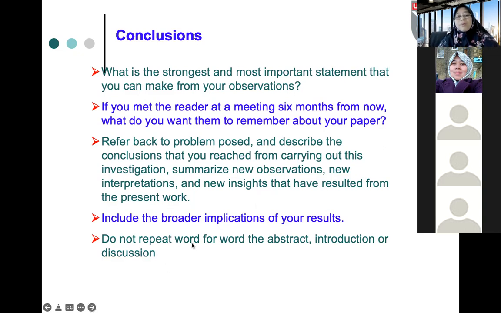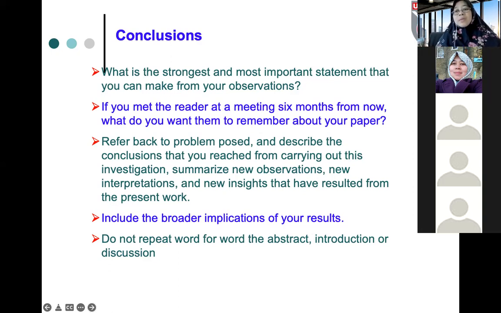Do not repeat word for word the abstract, introduction, or discussion. Usually the introduction is fine, but of course not word by word, and the same for the abstract, because the abstract contains very important results, usually the numbers themselves.